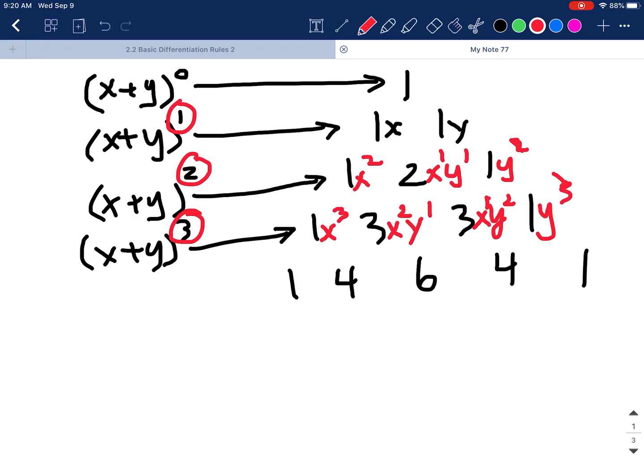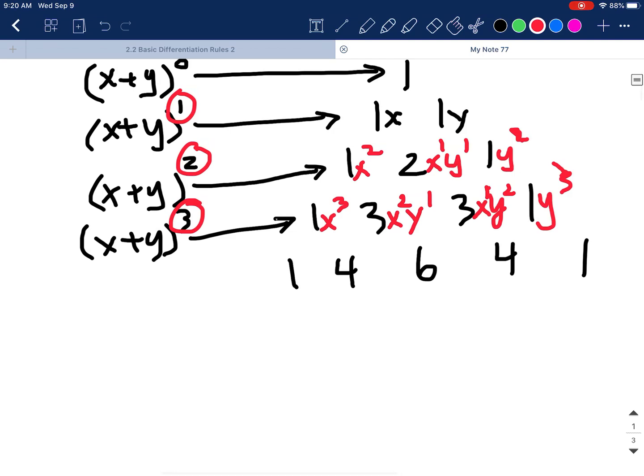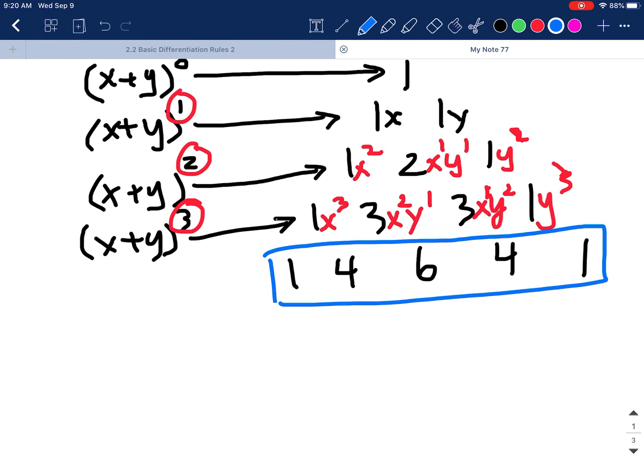Now, there's also an additional pattern here that we can replace these numbers by combinations. So in other words, if I look at this row here, this would be x plus y to the 4th. So we call this the 4th row of Pascal's triangle.